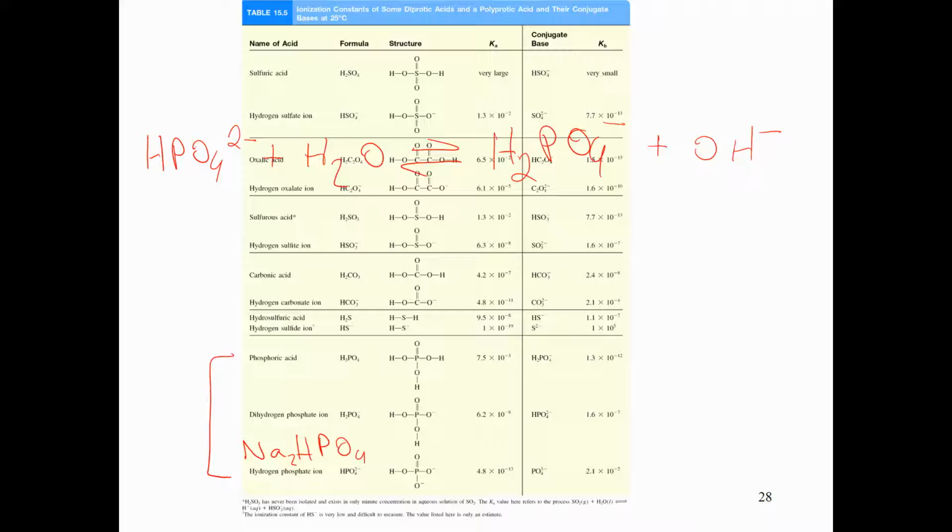Okay, so you can see here for HPO4 2 minus, its acid ionization constant is 4.8 times 10 to the negative 13. But right here, as a base, HPO4 2 minus is 1.6 times 10 to the negative 7.